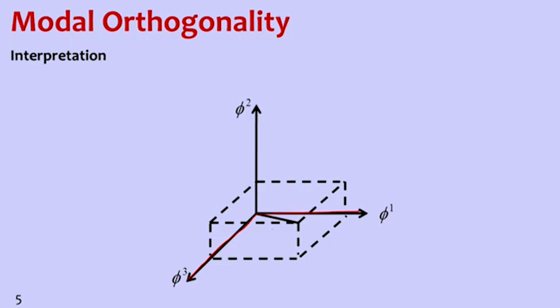So this is mode shape 1, mode shape 2 and mode shape 3. Mode shape 1 is perpendicular to 2 and 3, mode shape 2 is perpendicular to 1 and 3, and mode shape 3 is perpendicular to 1 and 2. That is what modal orthogonality is.